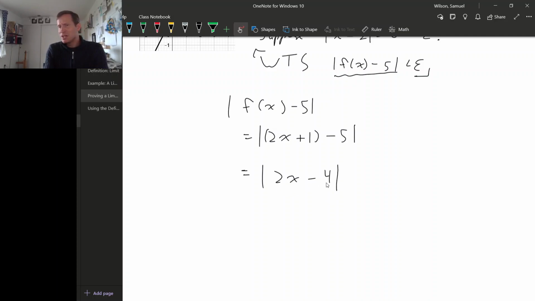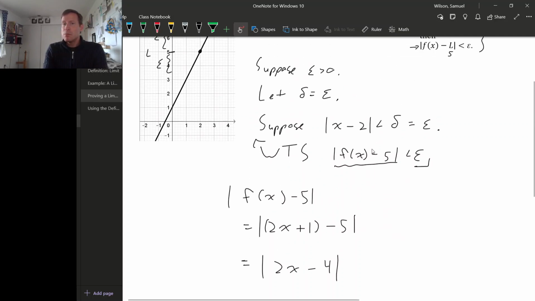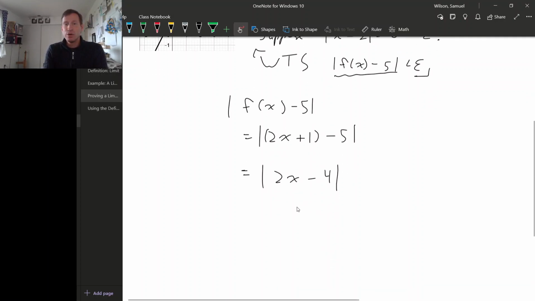We don't really know anything about 2x minus 4, but up here we assumed that the absolute value of x minus 2 is less than delta. So how could we get the absolute value of x minus 2 to show up? Well, we could factor out this 2. That would give us 2 times the absolute value of x minus 2.